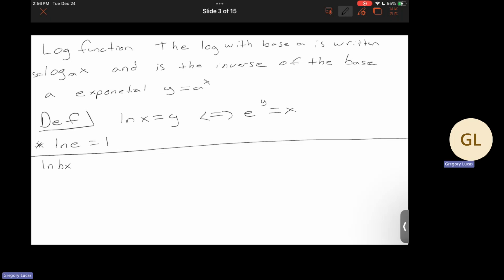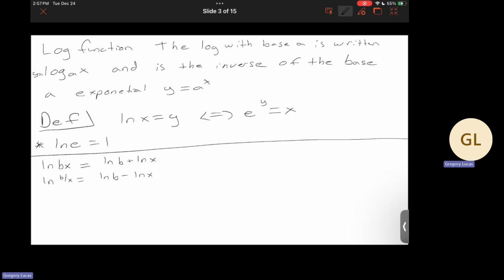So b and x are variables here. Having two things being multiplied together is the same thing as adding them as two separate logs. So ln b plus ln x. If I have the ln of b divided by x, this is the ln of b minus the ln of x. So that's our product and quotient.